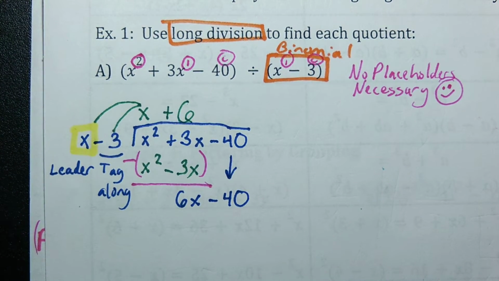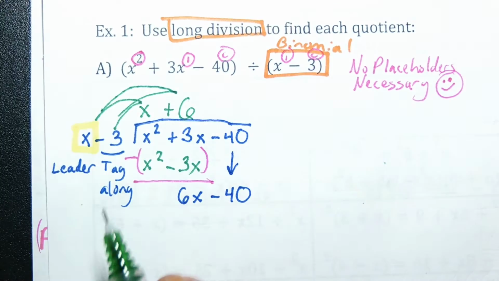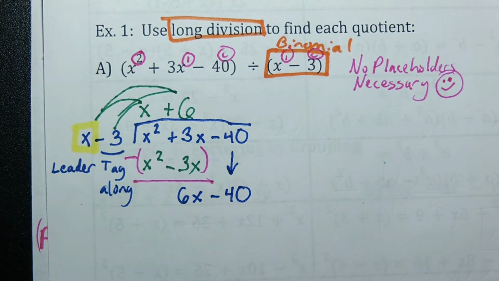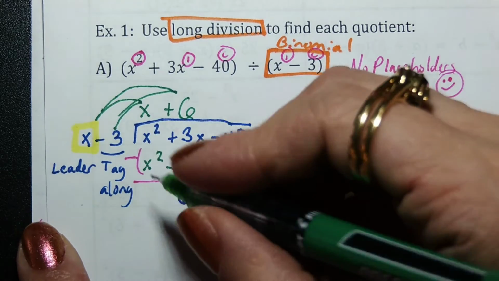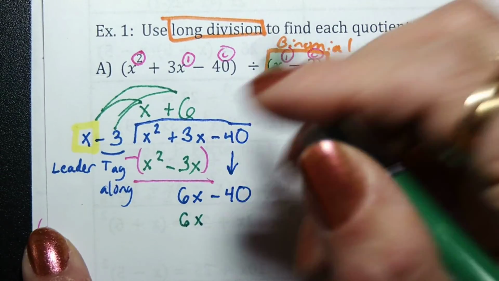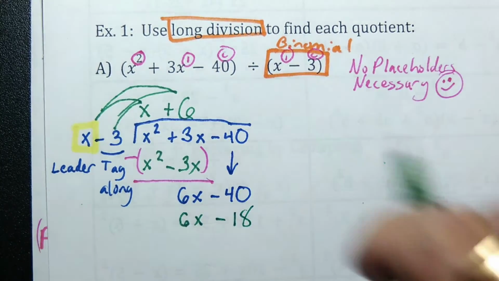Now, we have chosen that term that goes on the house, but now I have to multiply it by both the leader and the tag-along term for my next line. So 6 times x, 6x. 6 times -3, -18.